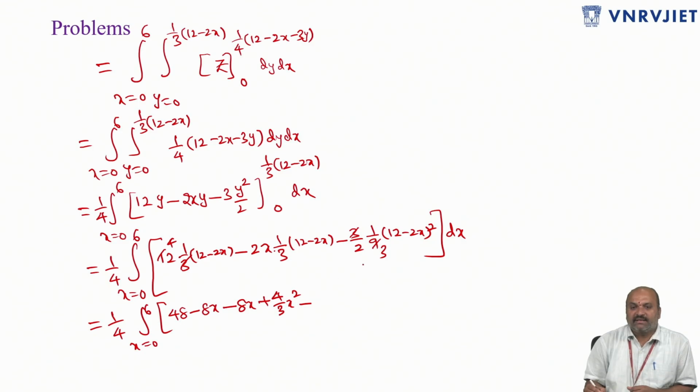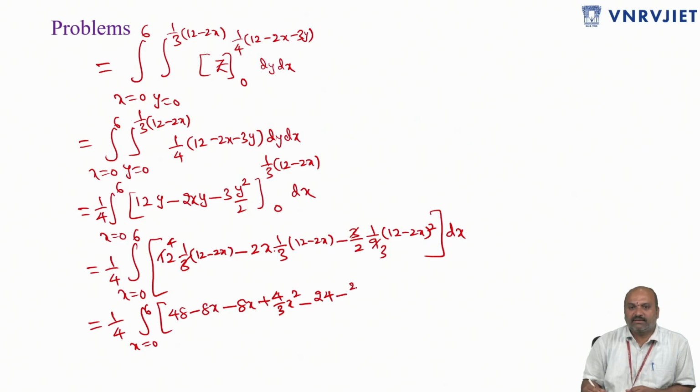Okay, 1 by 6 into, let's simplify this, 12 square. It is 144. 144 divided by 6 is 24. Okay, it is minus 24. Next, b square, that is 4x square. 4x square by 6, so 2 by 3 x square.